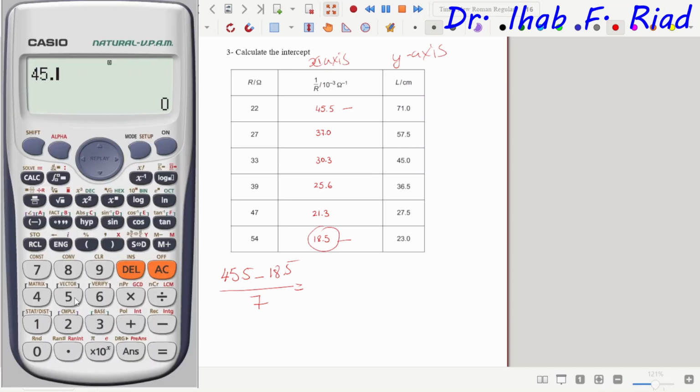It is 45.5 minus 18.5 and we divide by 7. What are we getting? 3.86. This is not a good scale. What is the next best scale that we can use and what is recommended? We use something like 5. So on the x-axis, we have a scale of 1 square being 5 units.